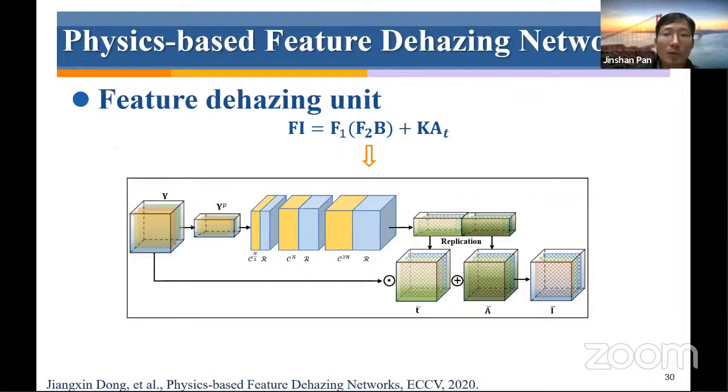So based on this model, we develop a feature dehazing unit to estimate these two components and use these two components to estimate the clear features Fi, so that we can use the clear features to better help the clear image reconstruction.